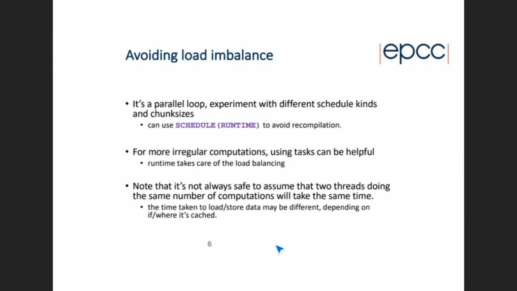Although they're doing the same number of computations, the time taken for each thread to load and store data from memory may be different, depending on if or where that data is actually cached.